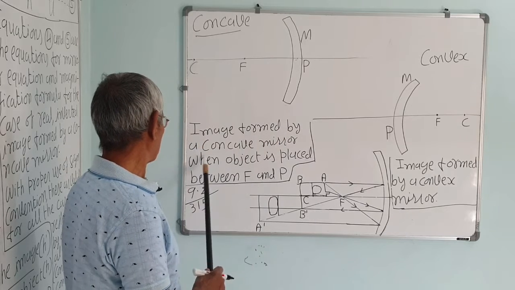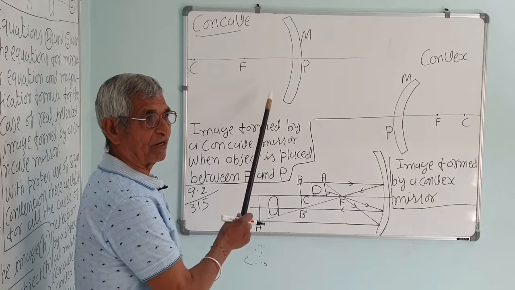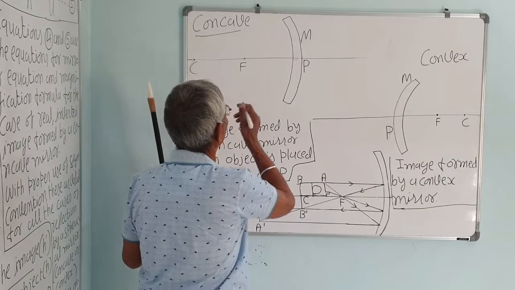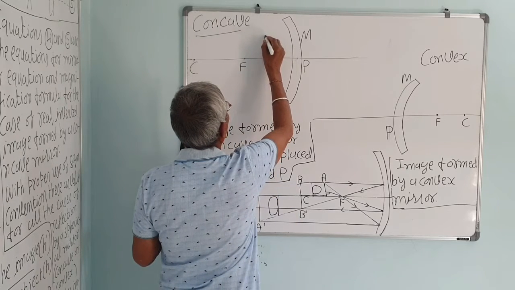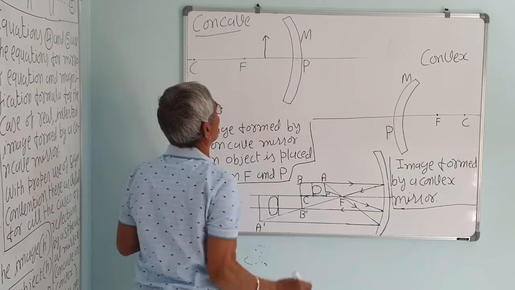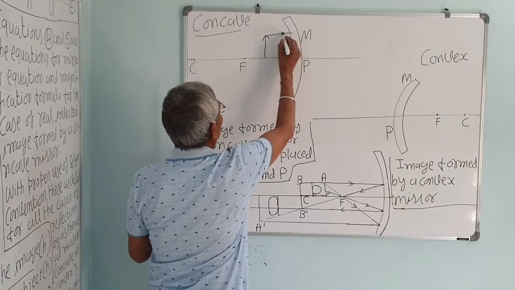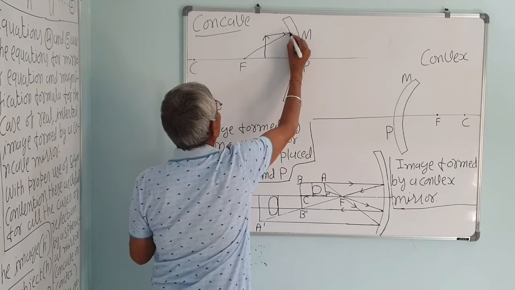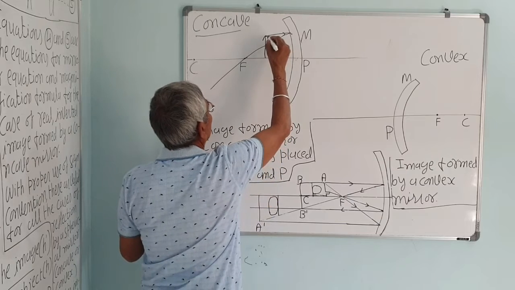This is the case in which it forms a virtual, erect and magnified image, formed by a concave mirror when the object is placed between F and P, and that is why this mirror is used for dressing purposes. Suppose the object is between the pole and the principal focus. Take two rays, one parallel, that will after reflection pass through F. Another ray you can take obliquely.